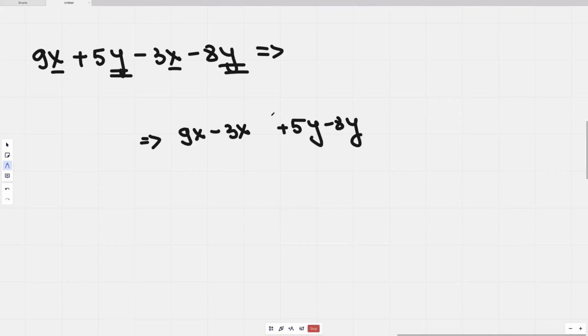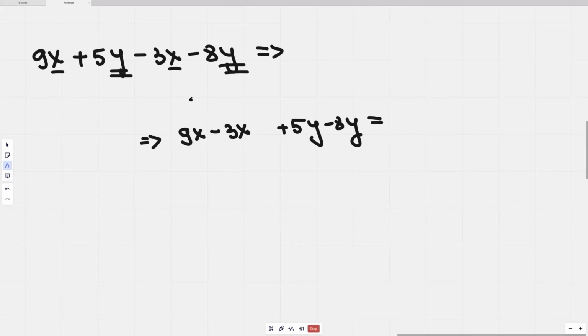We can change the order of the expression terms, as it doesn't affect the final result. If the terms are the same, like x and x, we can just subtract or add the coefficients, the numbers in front of the x.